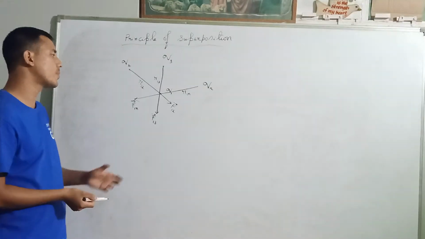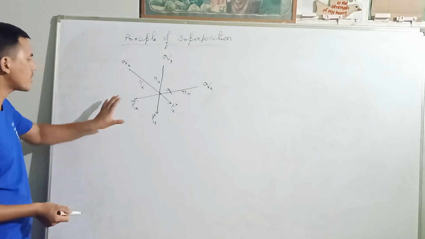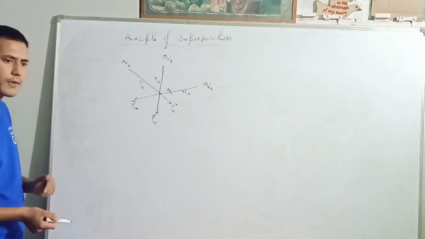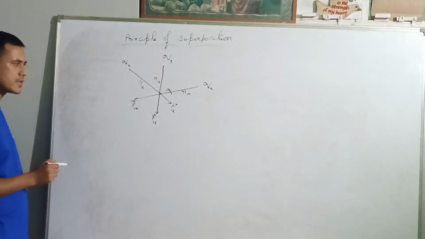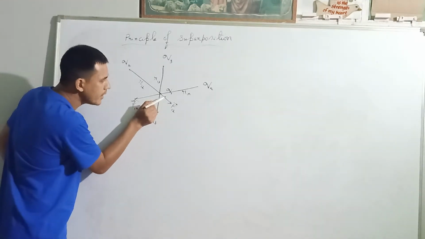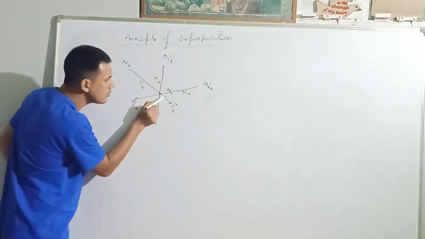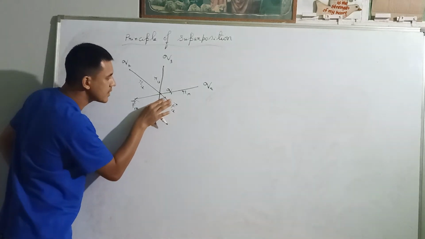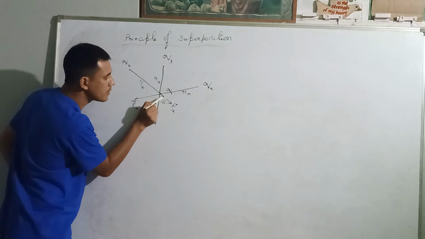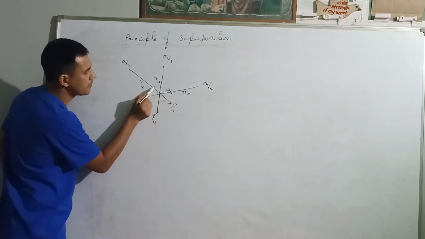Now, in order to represent the direction of the force, we need a unit vector. A unit vector is a vector of magnitude 1 which represents direction. So let the unit vector be r12 cap.